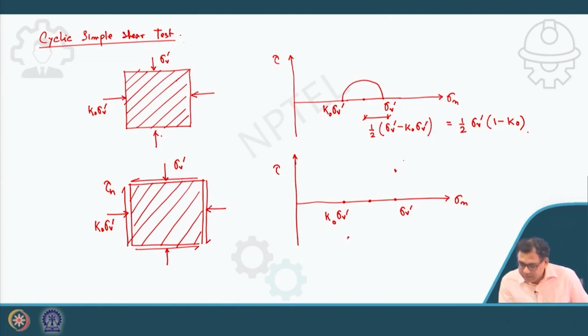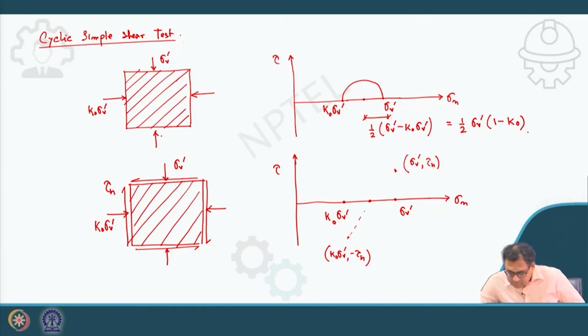So what will be the coordinates? This point will be (sigma V dash, tau h), where tau h is the developed shear stress, and this point will be (K0 sigma V dash, minus tau h). I can locate these 2 points. Now join these 2 points, the line will pass through the origin.